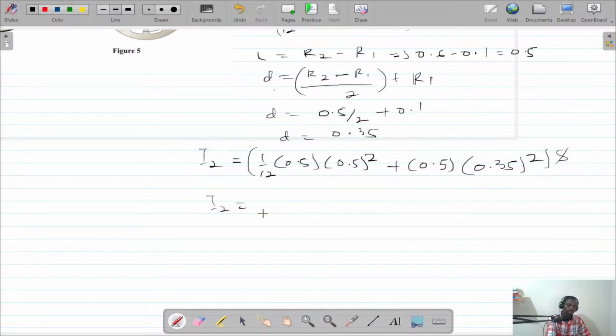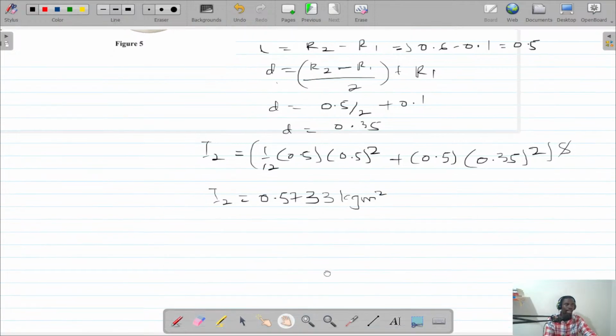What do you have for I2? So I'm having 0.573, and then I3.